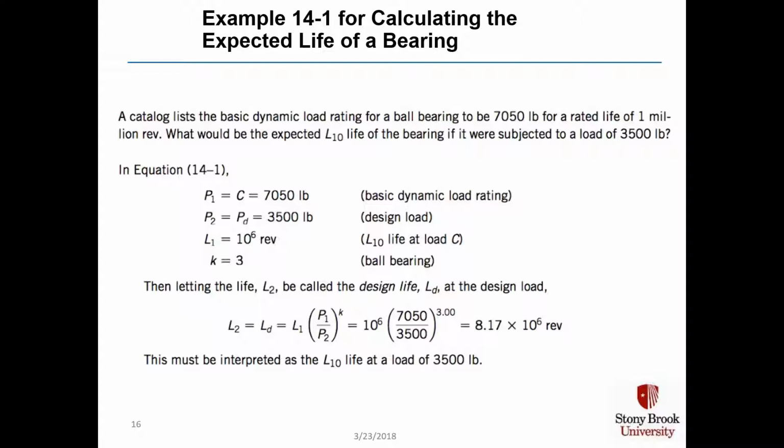And you would assume right away you're going to be able to get more life out of it because you're running it at a lower load than it's rated for. And when you go through the calculation at the bottom, yes indeed, you do find you get 8.17 times 10 to the 6 revolutions, which is roughly a factor of 8 times what you were able to get if you ran it at the rated load.